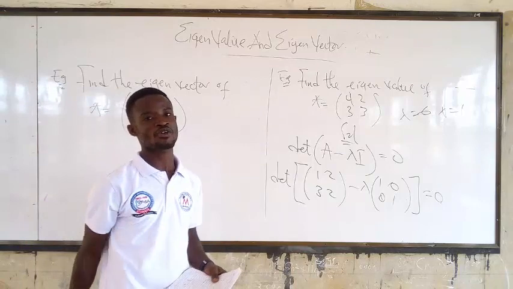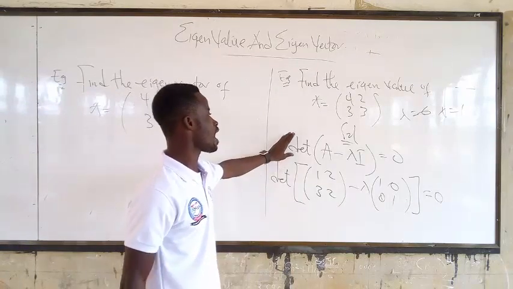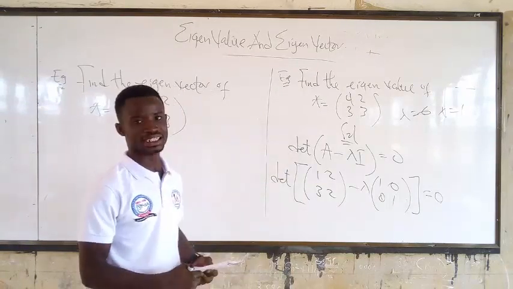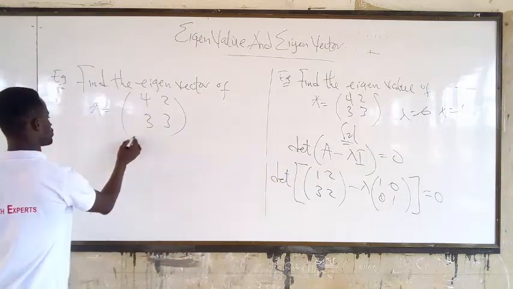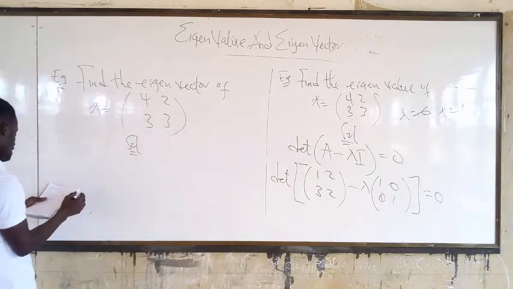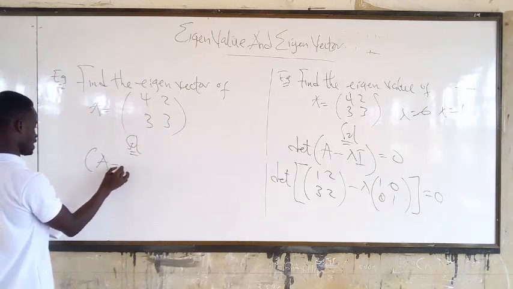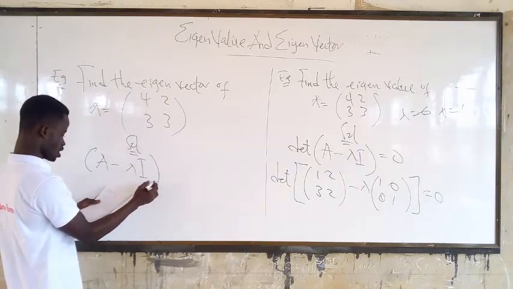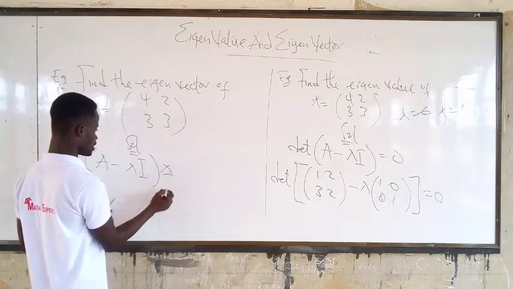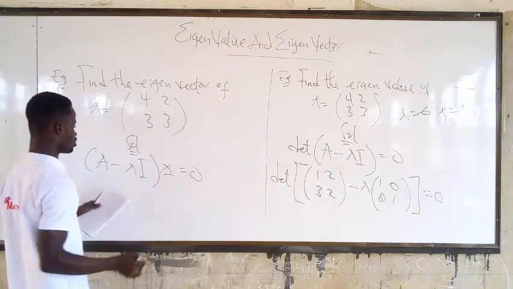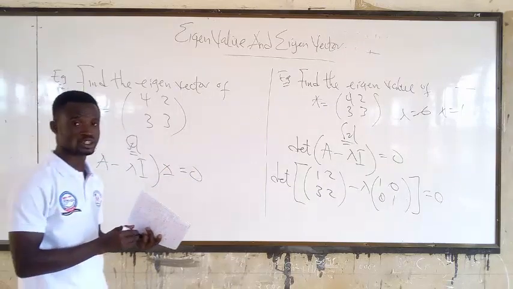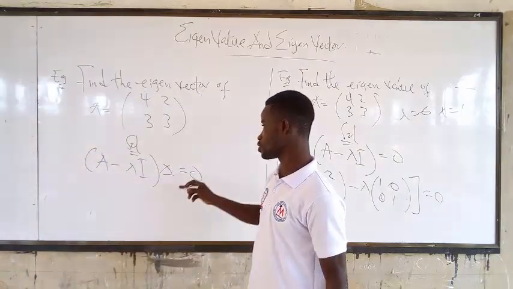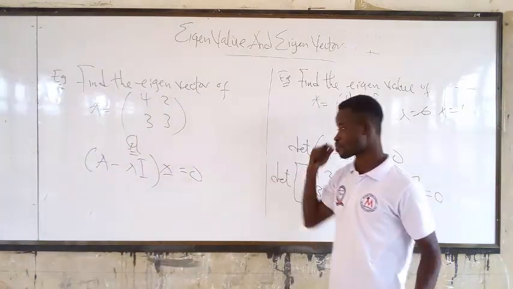So don't forget the formula I gave you in finding the eigenvalue. The eigenvector is different. The eigenvector is going to be A minus lambda times the identity matrix times the vector is equal to 0. So we have to know it offhand. That's what we are going to use to find the eigenvector.